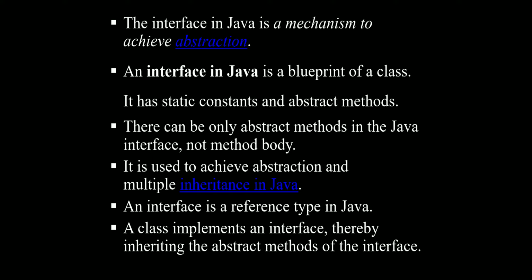And an interface has static, constant and abstract methods. There can only be abstract methods in a Java interface, not a method body. It means it includes only abstract methods. It does not include any method body.